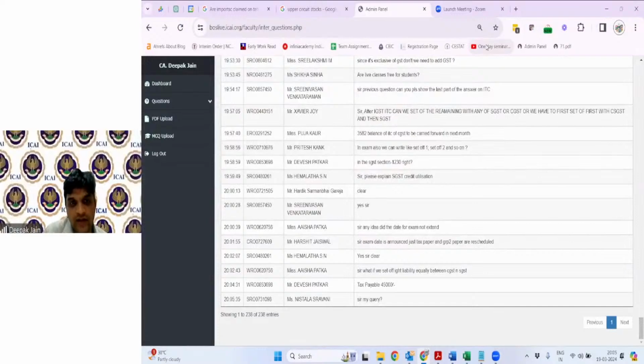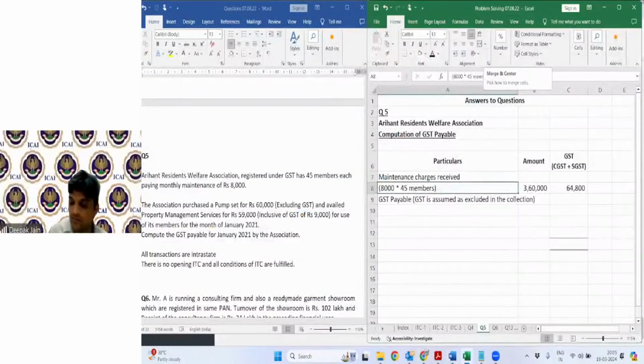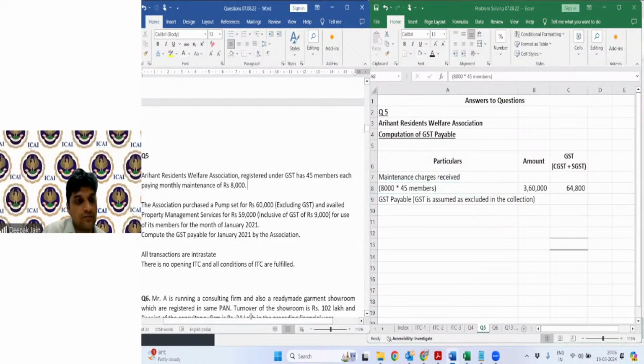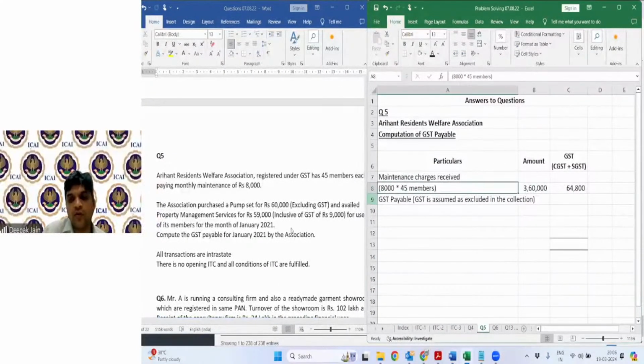Nishala, what is your query? Shouldn't we compute into 12 because monthly charges is 8,000?